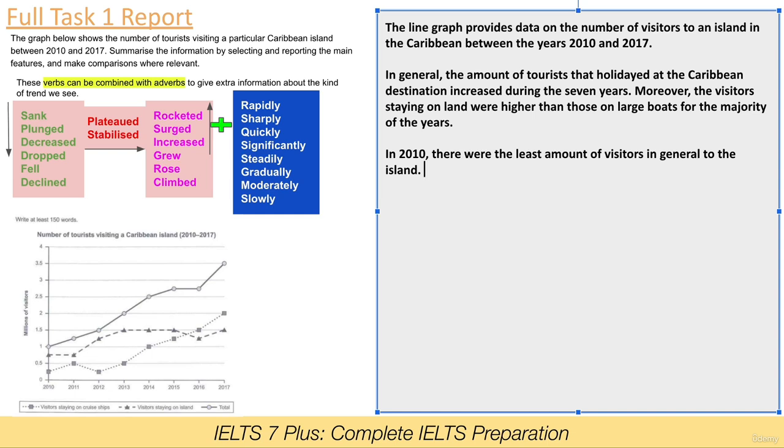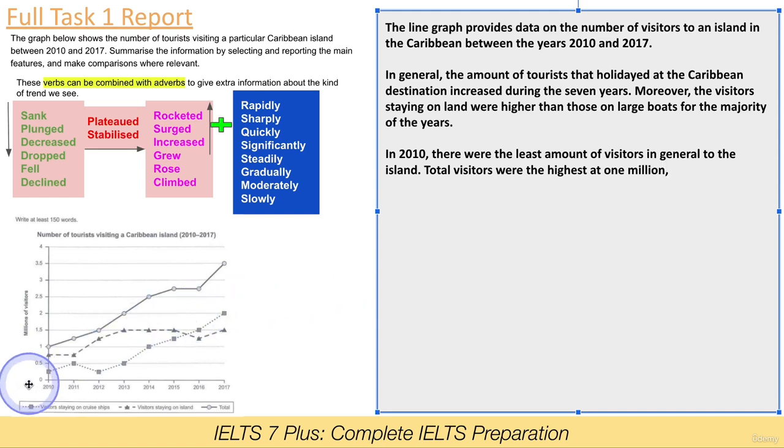We could talk about an example. So maybe total visitors we could draw upon being at 1 million. Total visitors were the highest at 1 million.